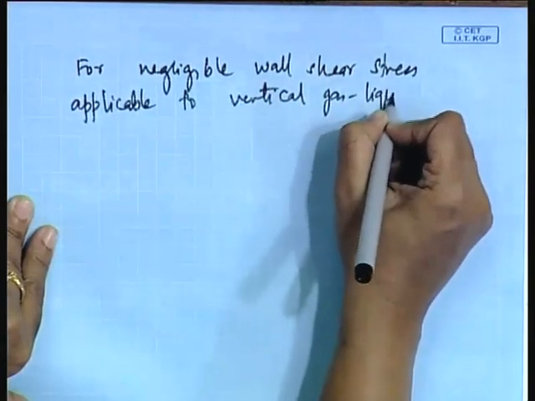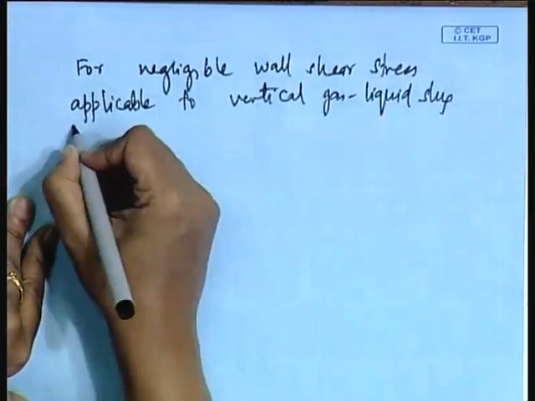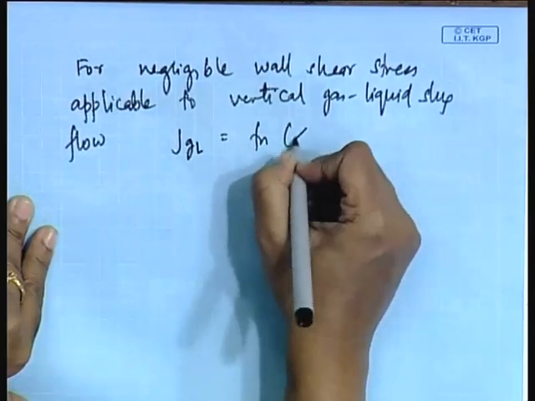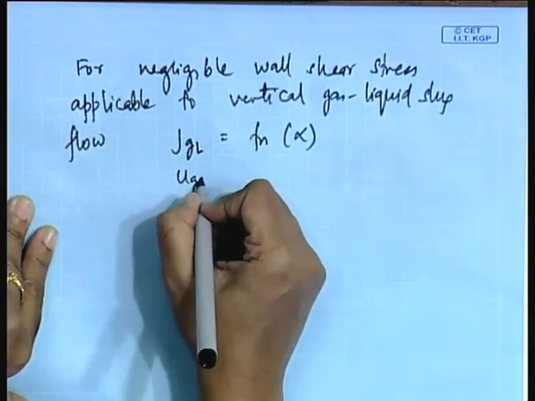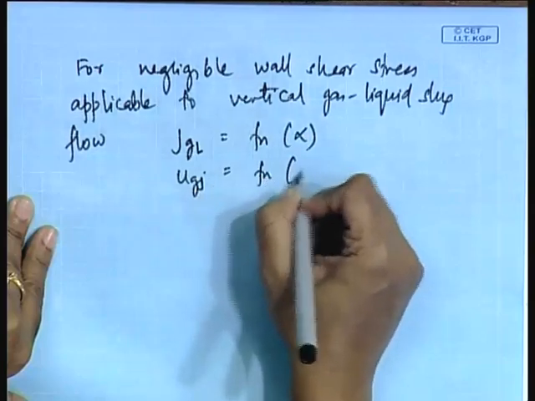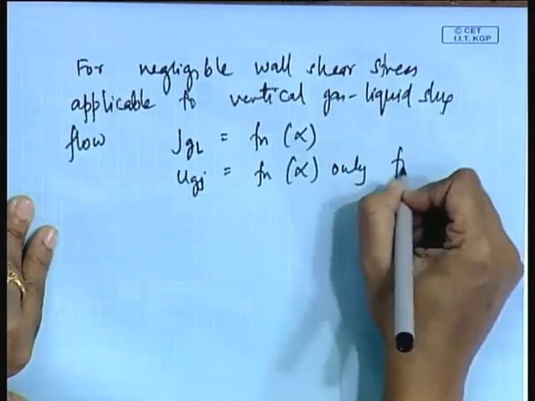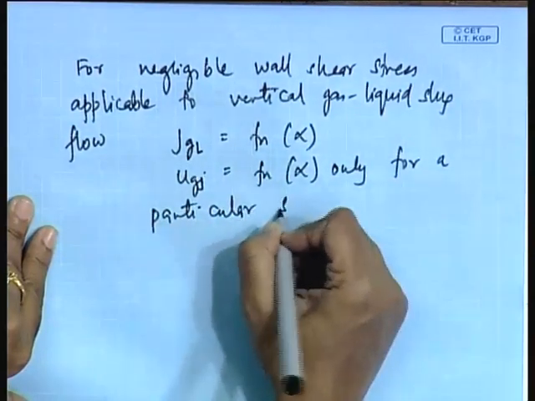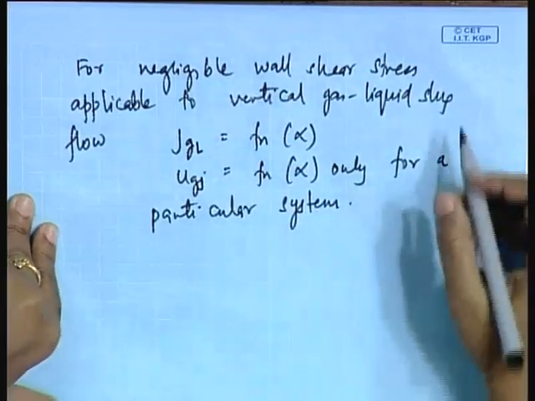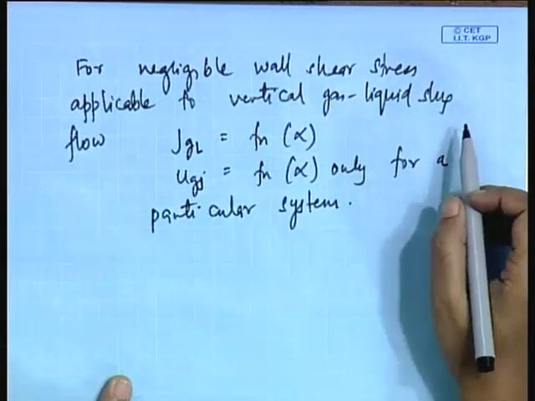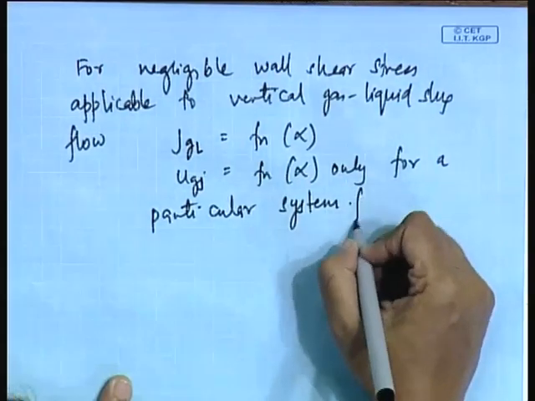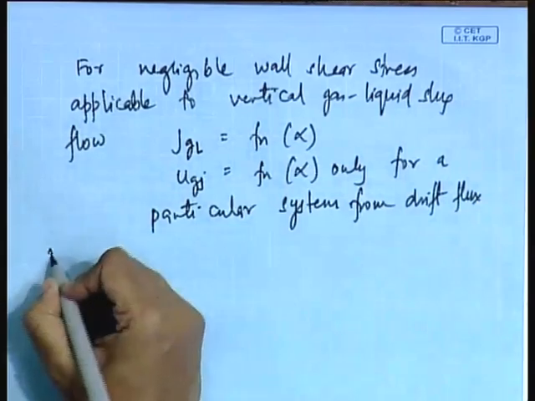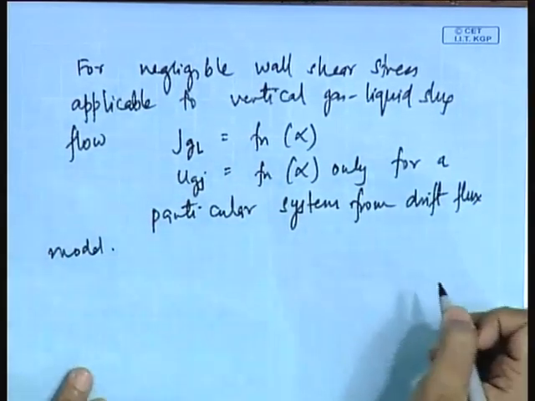Under this condition, from drift flux we obtained JGL as well as UGJ, and they were functions of alpha only for a particular system. So, for vertical gas liquid slug flow we can always say this from the drift flux model. Agreed?